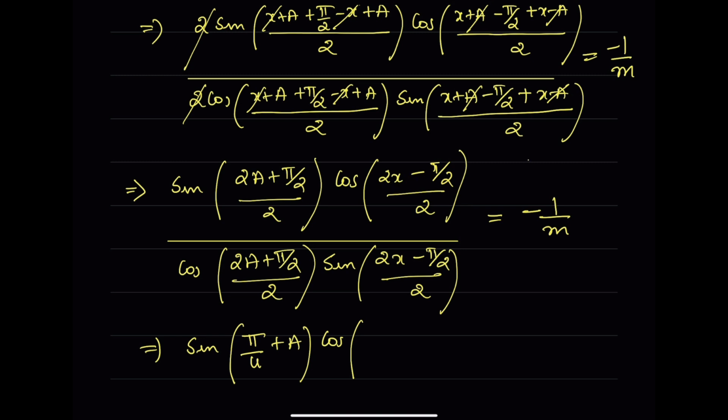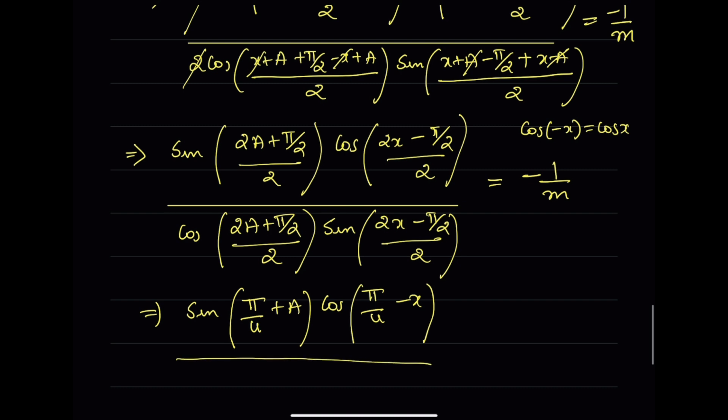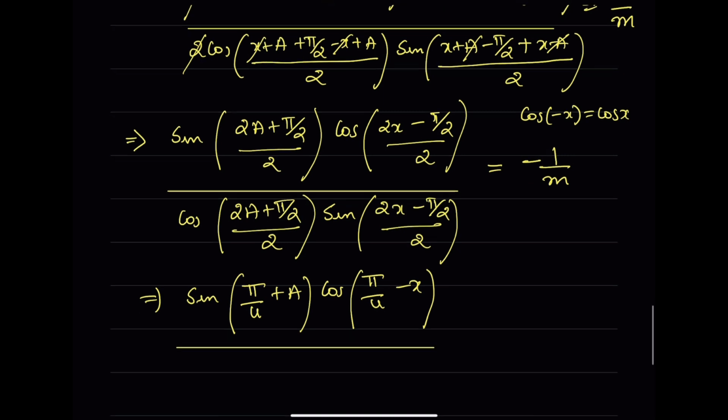So cos of minus x is cos x. Let me write it: cos of minus x is equal to cos x. So I can change this to pi by 4 minus x when I simplify it. Similarly, in the denominator we can change this to cos of pi by 4 plus a.